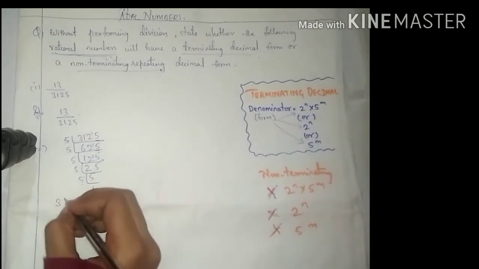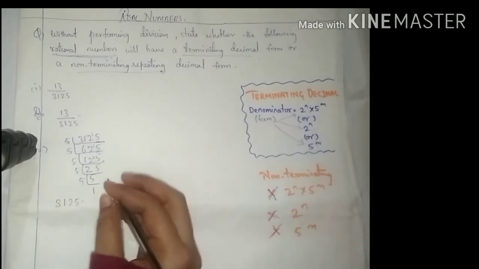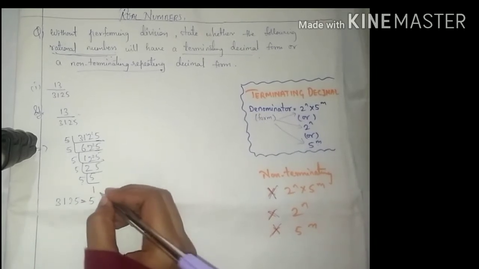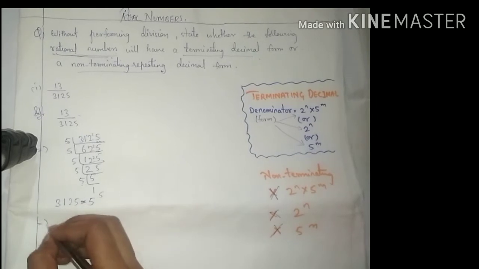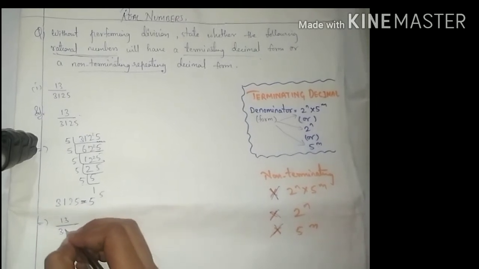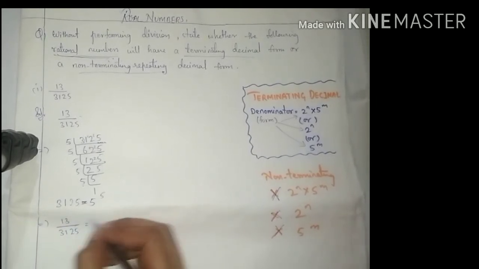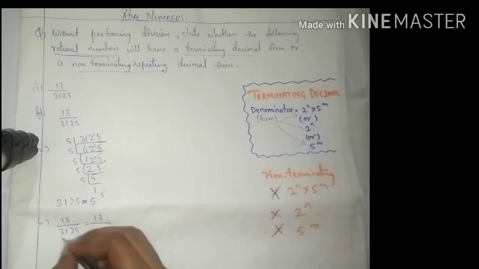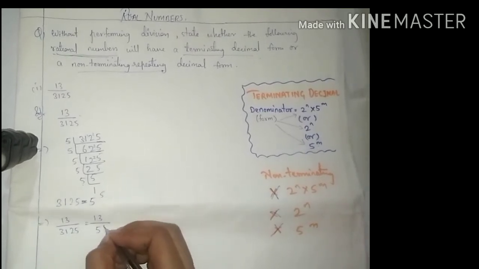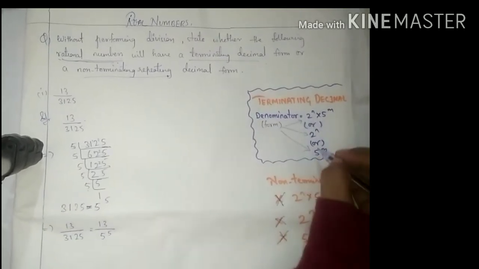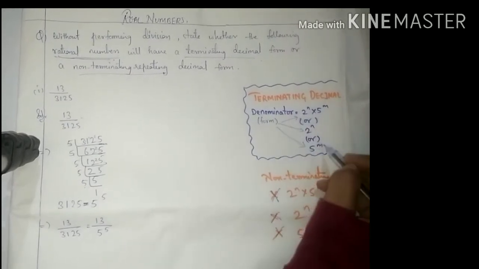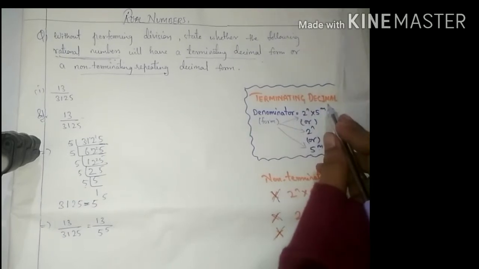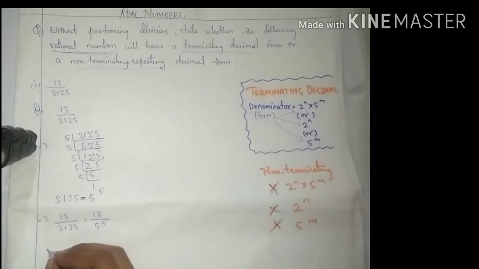Okay, so for 3125 we got 5, how many times? 5 power 5. So for 13 by 3125, in the place of 3125 we can write 5 power 5. It is in the form of 5 power m, so we can say it is a terminating decimal.